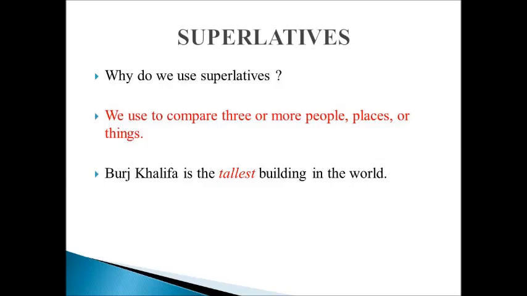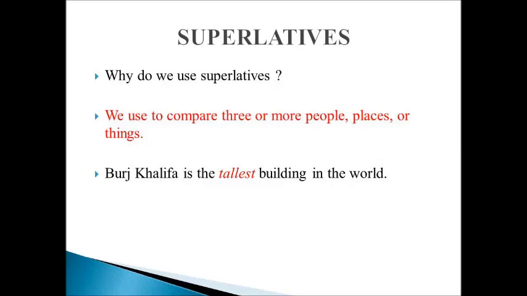In comparatives we are comparing two people, but in superlatives we are comparing three or more people, places, or things. For example, Burj Khalifa is the tallest building in the world. We are comparing Burj Khalifa to all the buildings in the world, and it is the tallest building in the world. You understand?